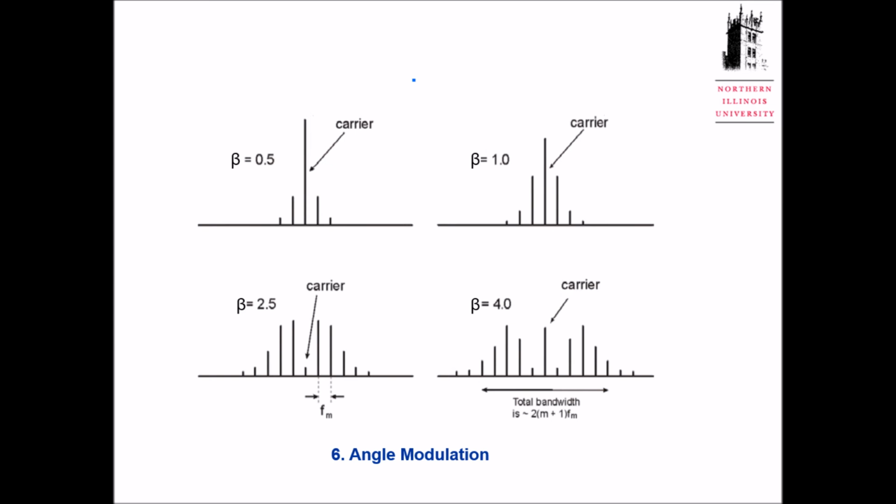But for sidebands, I have omega C plus omega M and omega C minus omega M, and omega C plus 2 omega M. So we have the carrier, the first sideband will be plus and minus, and the second sideband also will be plus 2 and minus 2. So when you consider the second sideband, we have both sides.